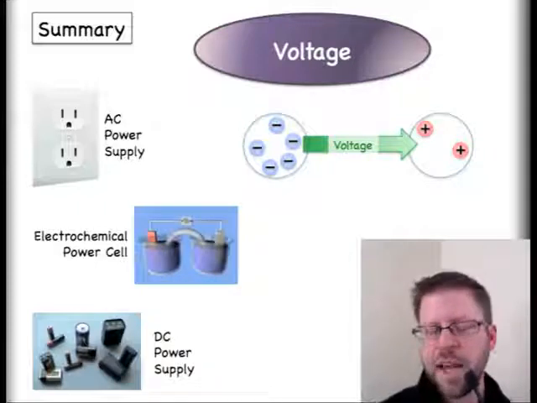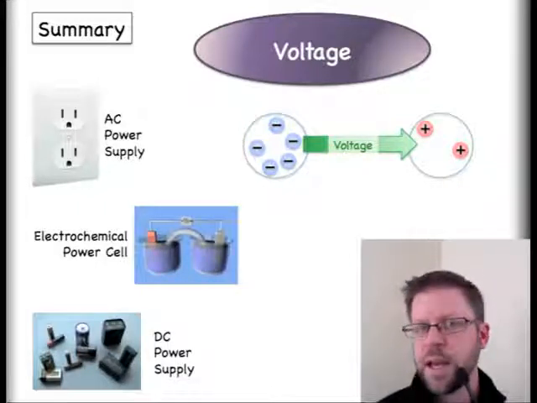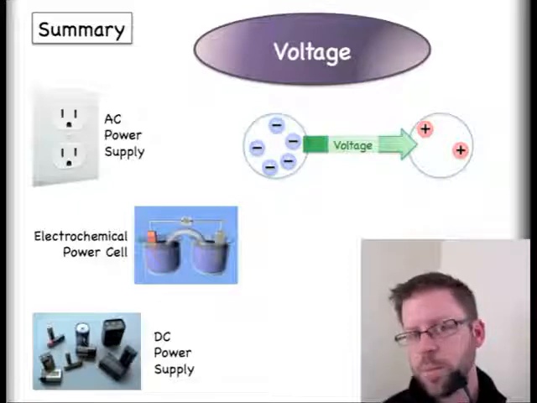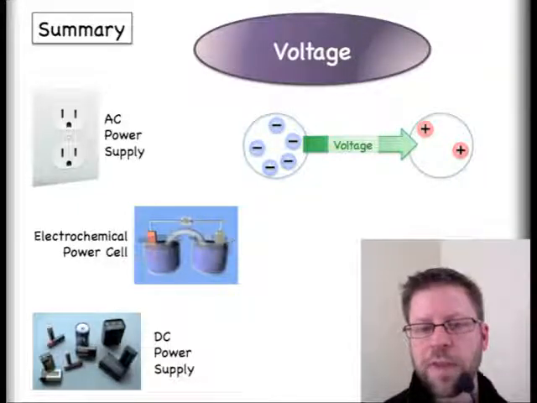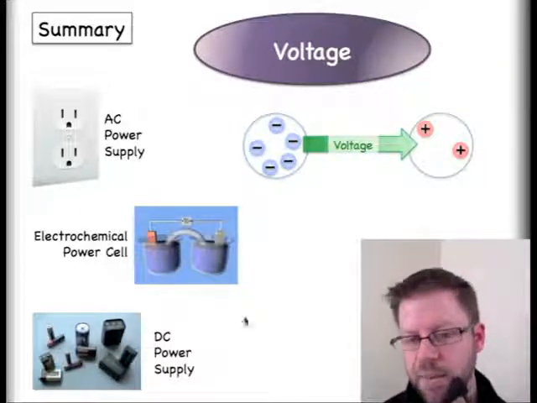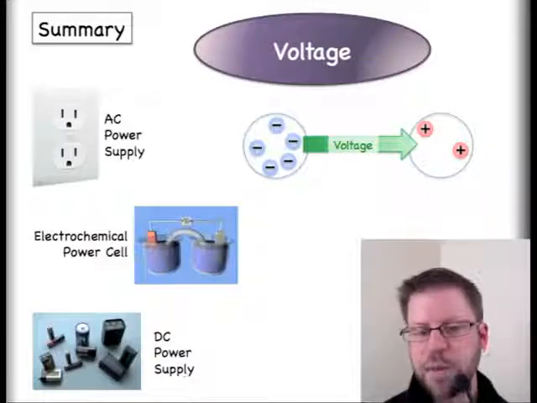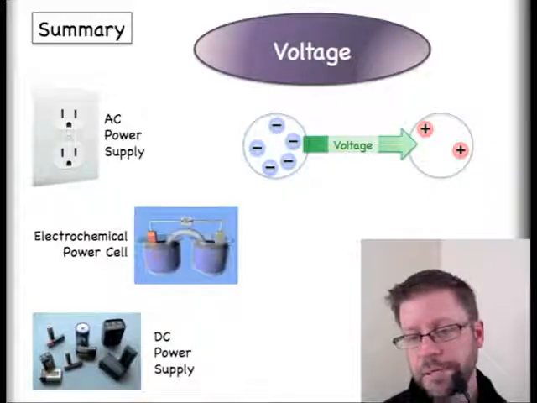I also briefly talked about this electrochemical cell. Again, I think that's somewhat important to understand from the standpoint of knowing that it's this type of idea that allows us to get these batteries down here.